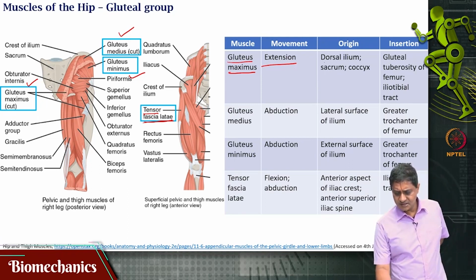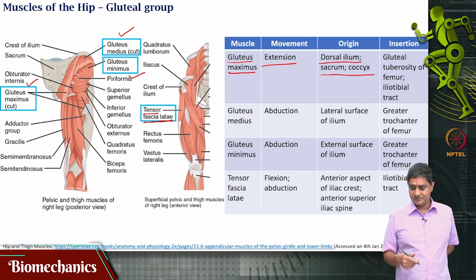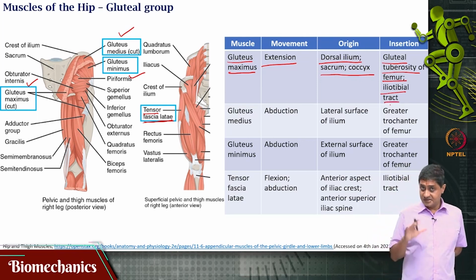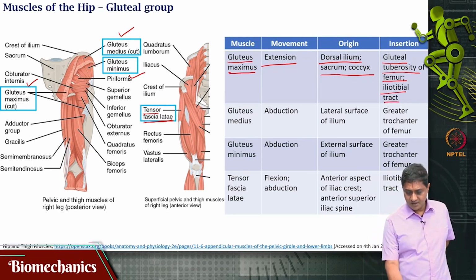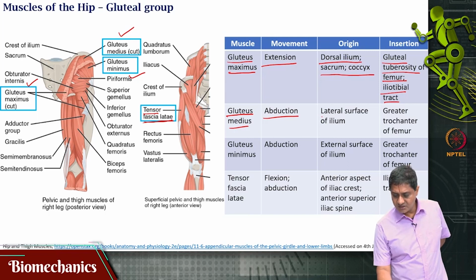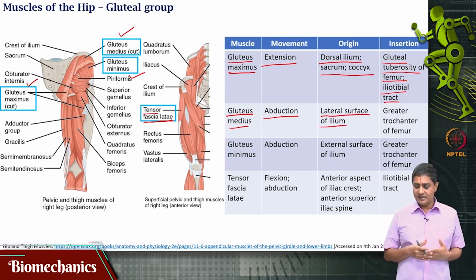Its origin is in the dorsal ilium and in the sacrum and the coccyx, a relatively big muscle. Its insertion is on the gluteal tuberosity of the femur and the iliotibial tract. Gluteus medius, its function is abduction. Its origin is on the lateral surface of the ilium.